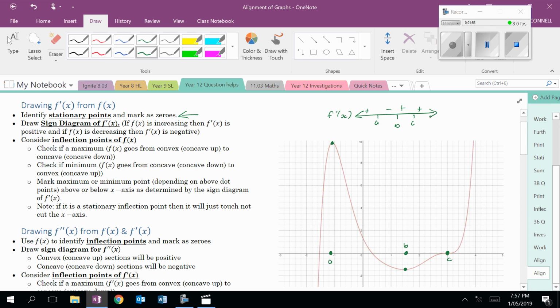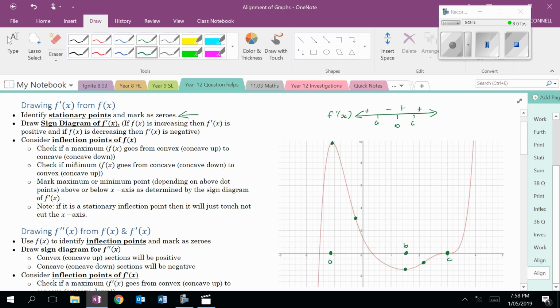Now we consider inflection points of f of x, so where it changes from convex to concave. So there'd be one, and we're going to have to guess a little bit here, but there'd be one about there, and then there'd be one about there, and then there's another one at C as well.